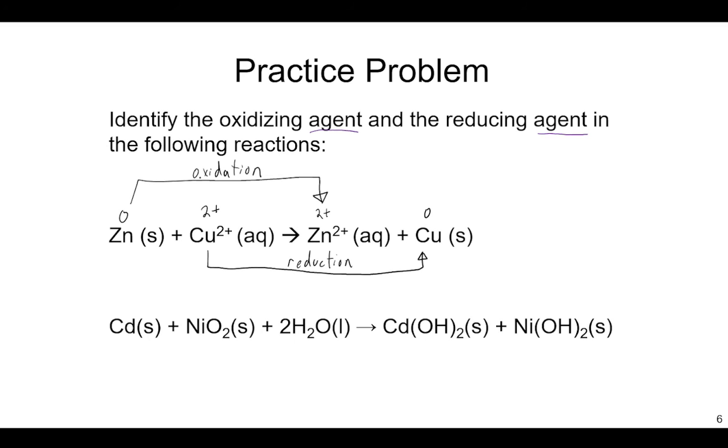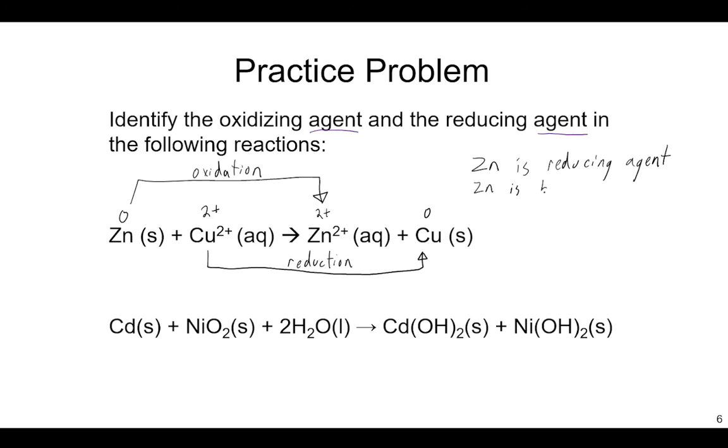So here, zinc is undergoing oxidation, copper is undergoing reduction. Therefore, zinc is causing that reduction in copper. So zinc is the reducing agent. Zinc itself is going from 0 to 2 plus and being oxidized.